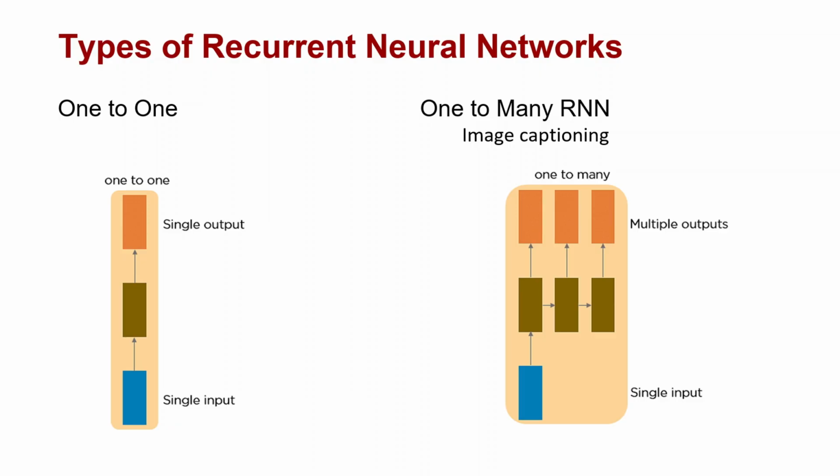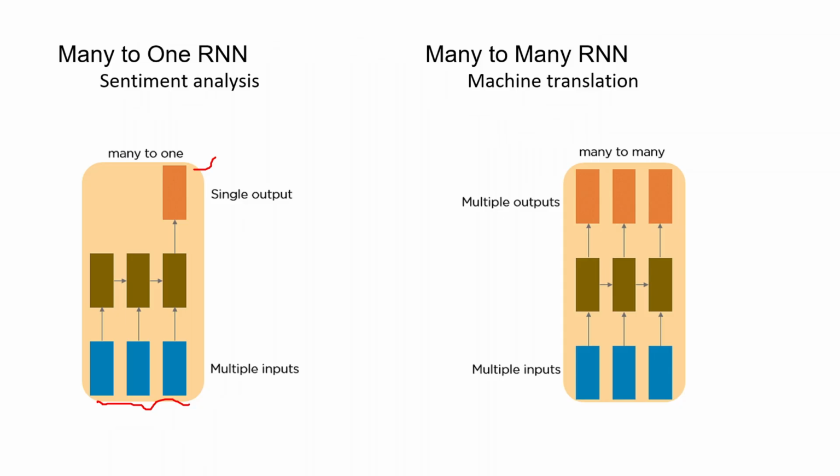Moving further, many-to-one RNN. It means that I am going to have multiple inputs but a single output over here. That happens in sentiment analysis, where my input will be in the form of a sequence of inputs at different times, and the response will be a single response.